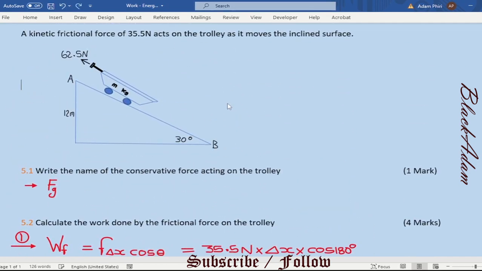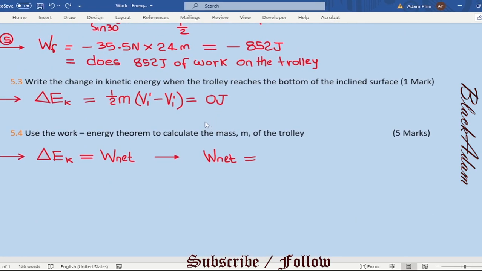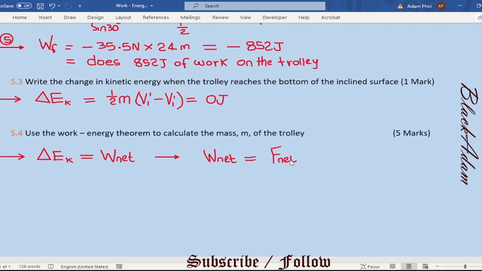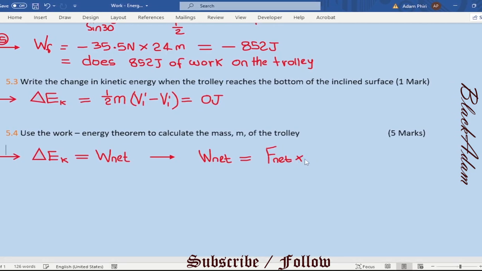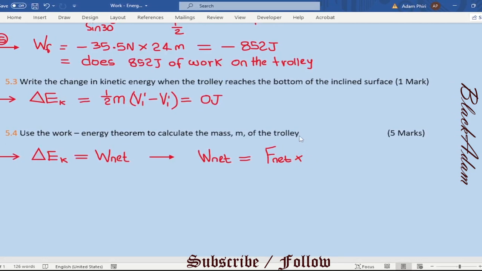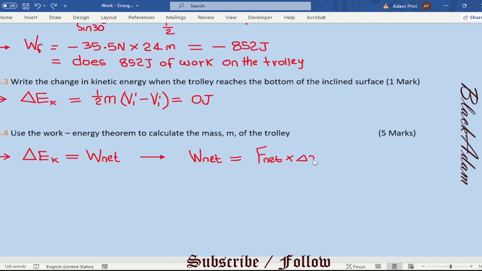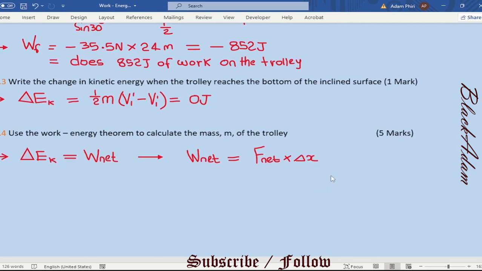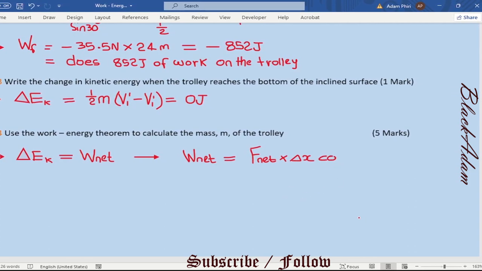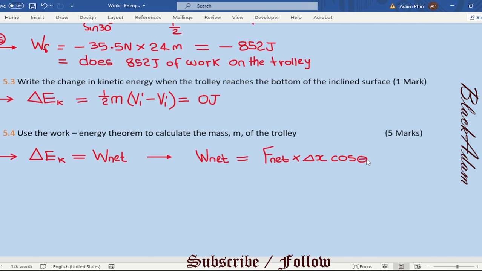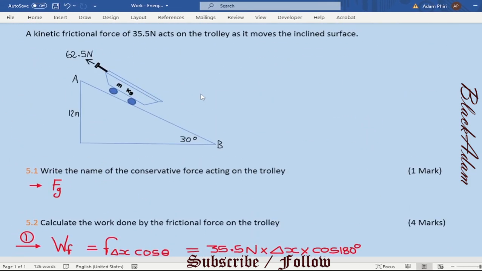Work net is force net times displacement, change in x, and then we need to find the cos theta, the angle, whether it's positive or negative, 0 or 180 degrees.